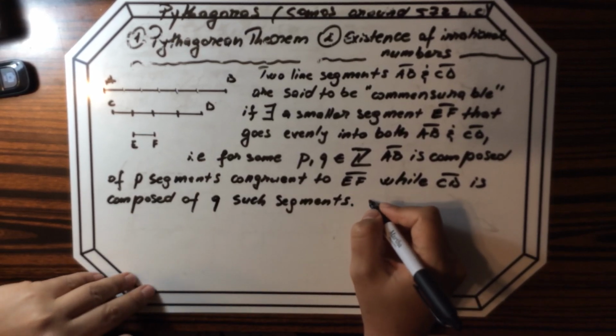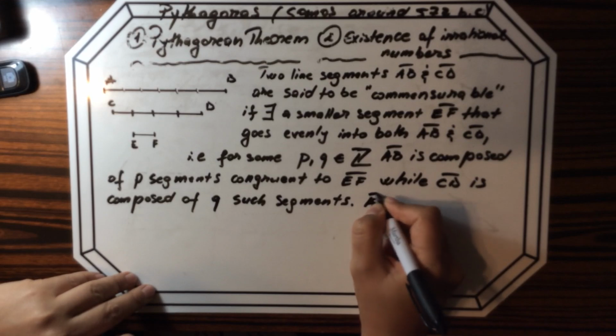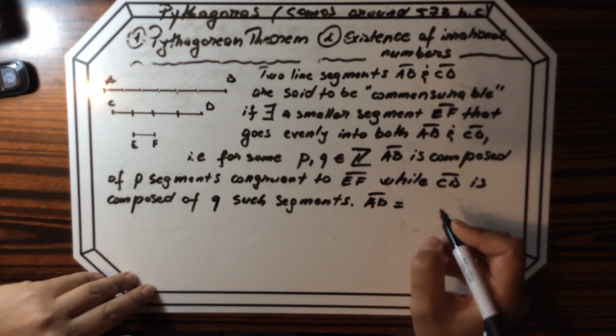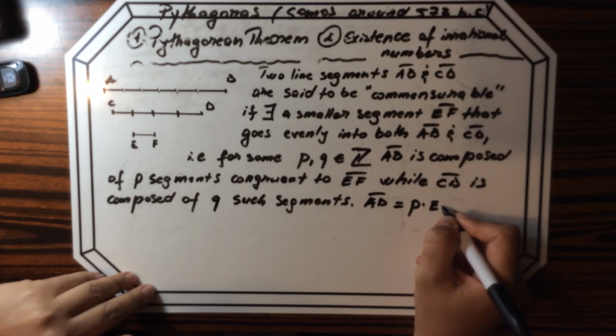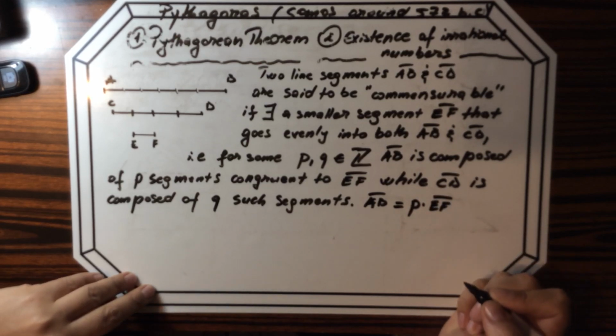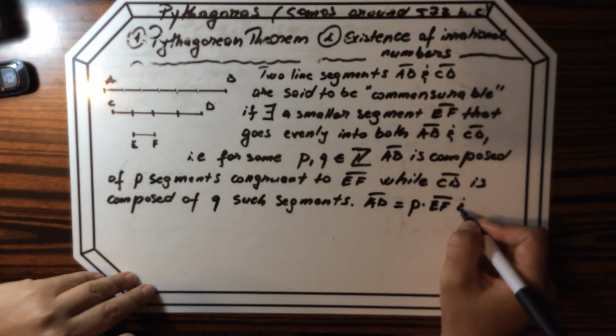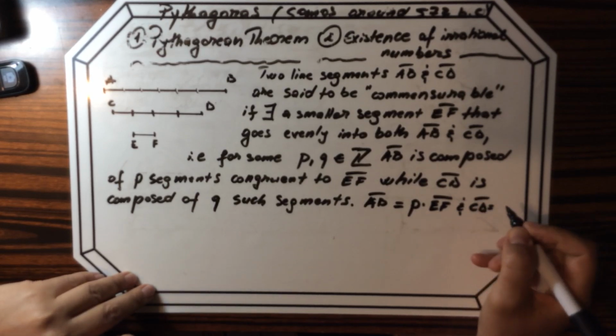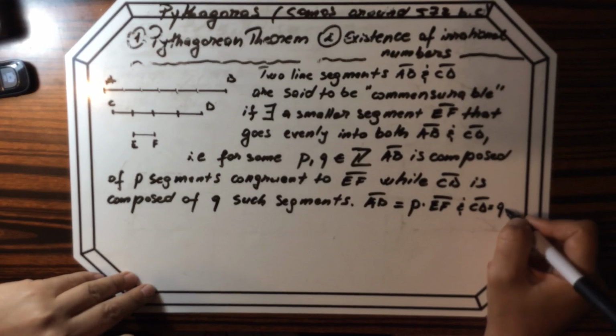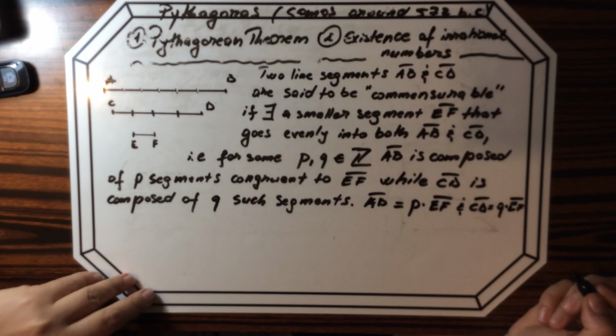So this means that the segment AB is equal to P times the magnitude or the length of the segment EF, and CD is equal to Q times the magnitude of EF.